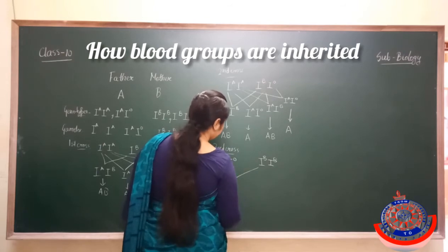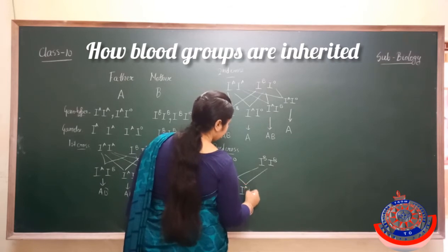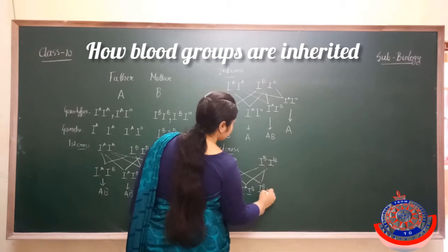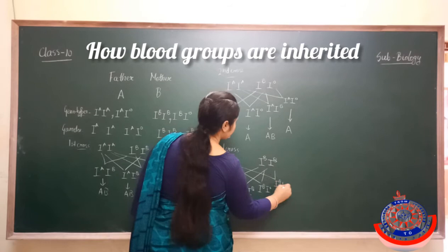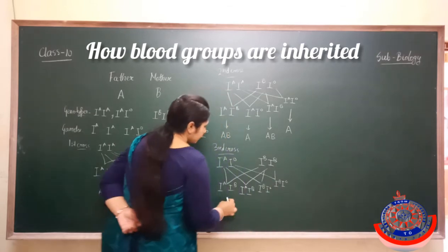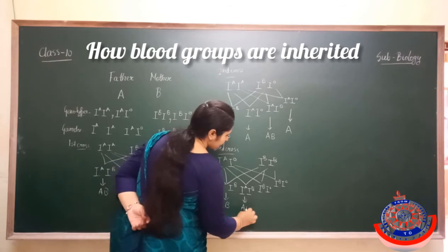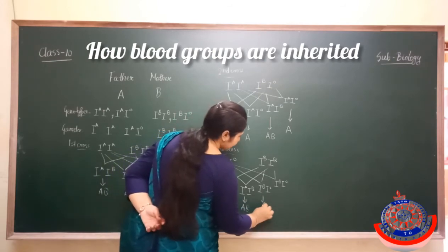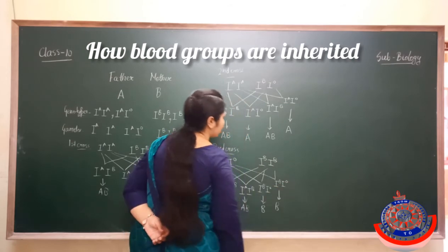It will form IA IB, IA IB, IB IO, IB IO. This will form AB blood group, this will form AB blood group, this will form B blood group, and this will form B blood group.